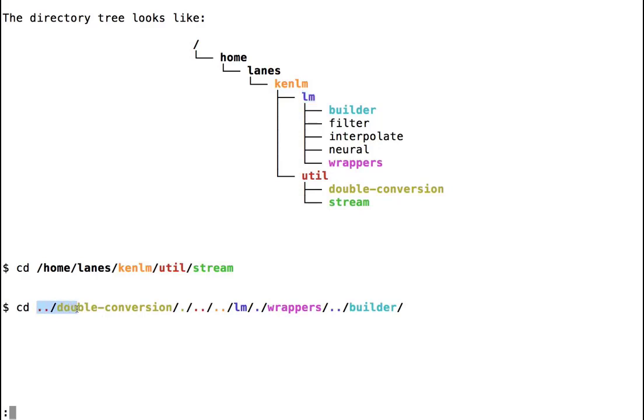So, ../double_conversion/./../../lm refers to /home/lanes/kenlm/lm.